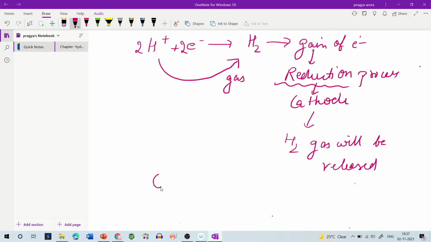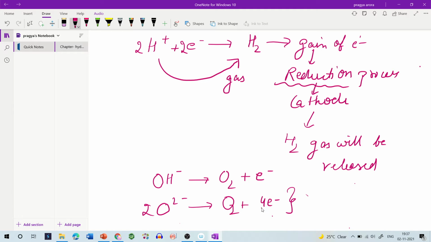While the OH minus ions will convert into O2 gas with the removal of electrons, or we can say 2 such oxide ions will convert into O2 gas plus 4 electrons. There is release of electrons in this process. This is called oxidation.